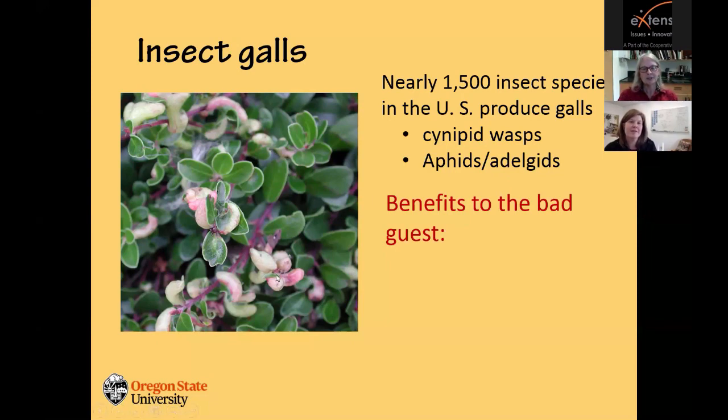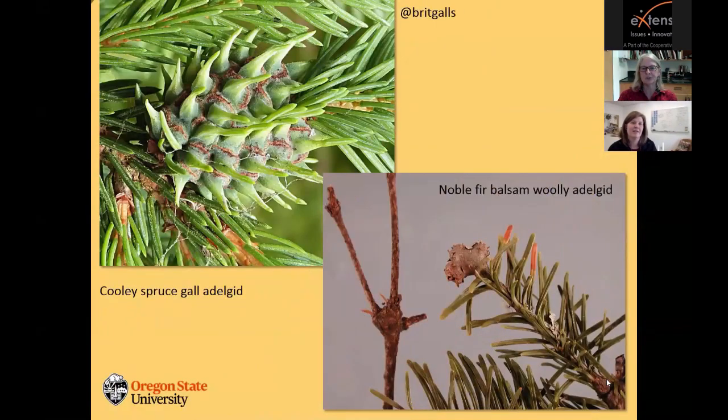Now, the thing about these insect galls is that they offer a ready site for food, because this is an aphid gall, and the little aphids are wrapped inside this distorted leaf, and so they've got a nice protected place to eat, and they're pretty much protected from environmental problems, although not necessarily from other predators.